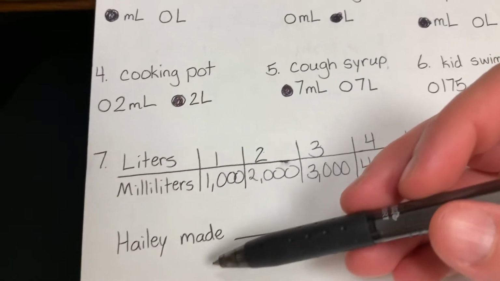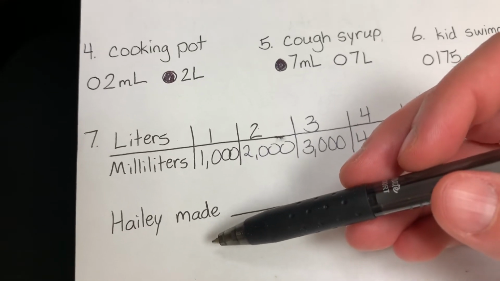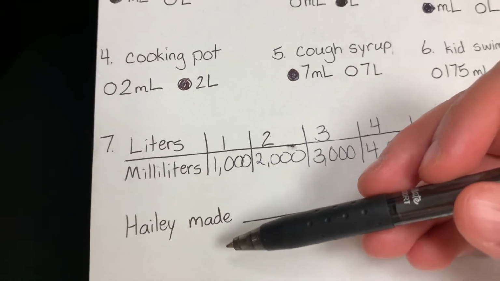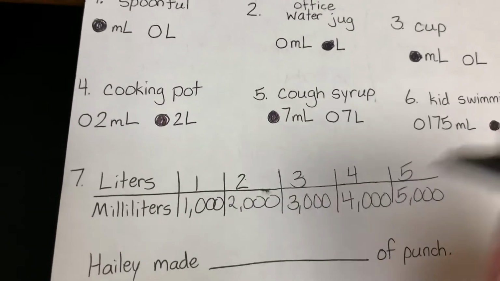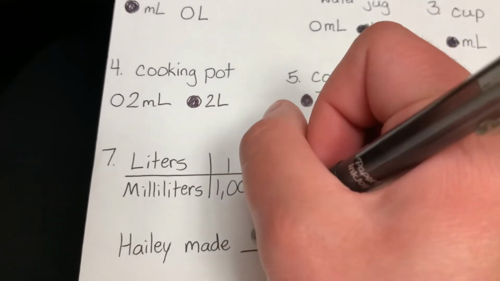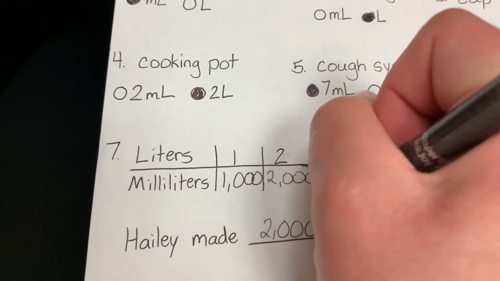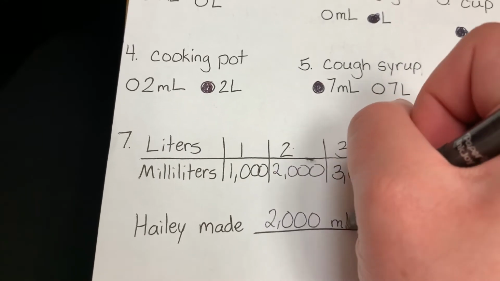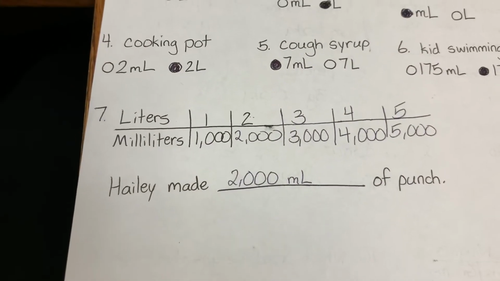So it says in the story problem, Haley made 2 liters of punch for a party. How much is that in milliliters? So 2 liters is the same as 2,000 milliliters of punch.